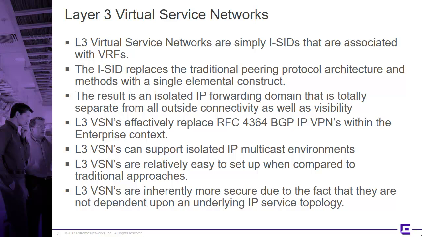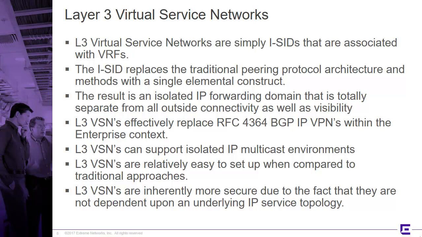Now, L3 VSNs can support multicast environments. They're really easy to set up when compared to the traditional VRF IP VPN approaches, and because it's all based on Ethernet, we have a more secure infrastructure due to the fact it's not dependent on underlying IP service topology.